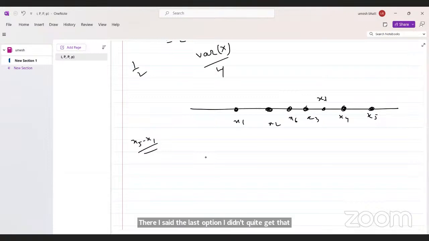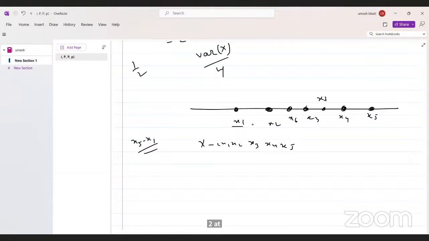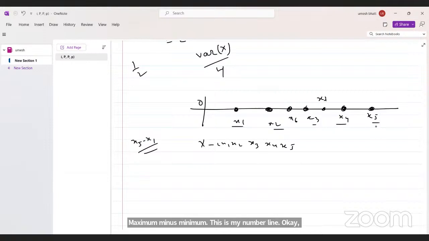Okay, see. Assume I have one random variable which takes values x1, x2, x3, x4 and x5, that is 1, 2, 3, 4, 5. What is the range in this case? Maximum minus minimum. This is my number line, this is 0, this is my maximum and this is my minimum, so this is my range.